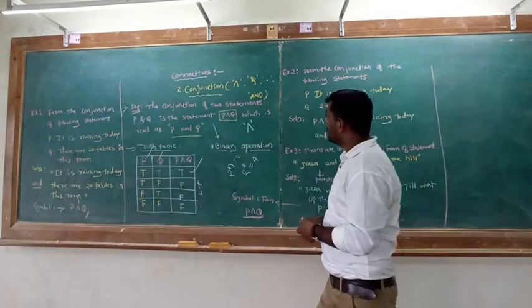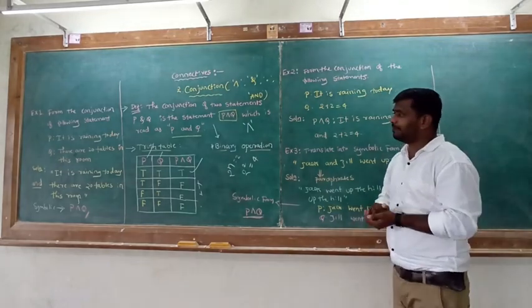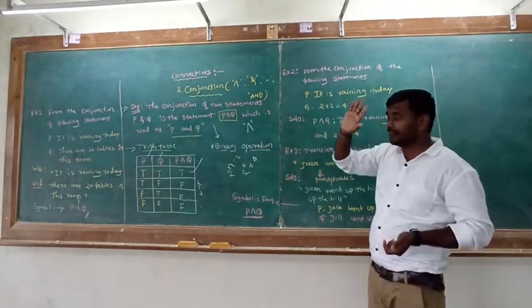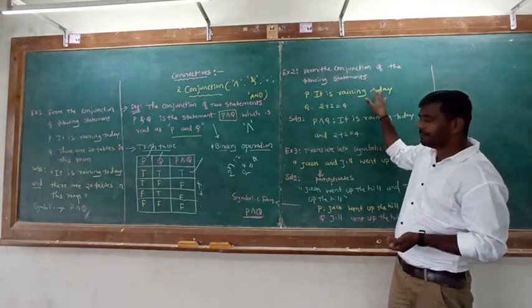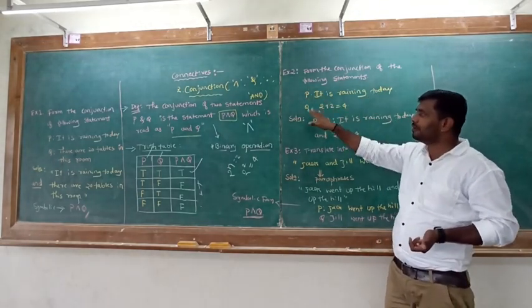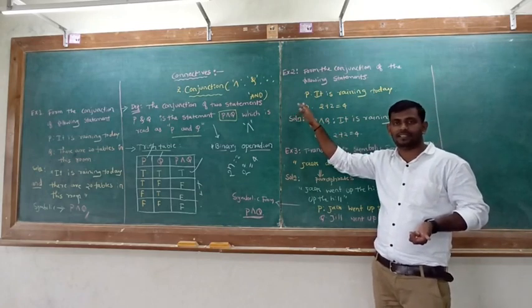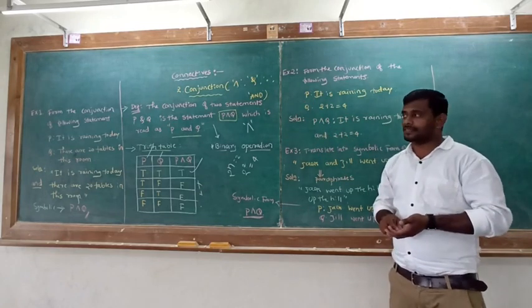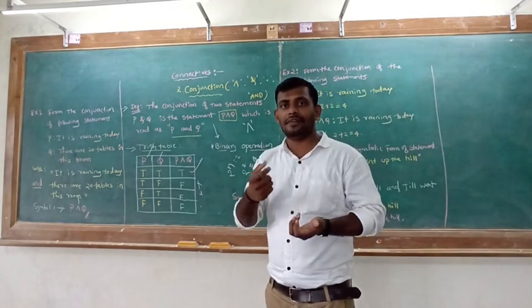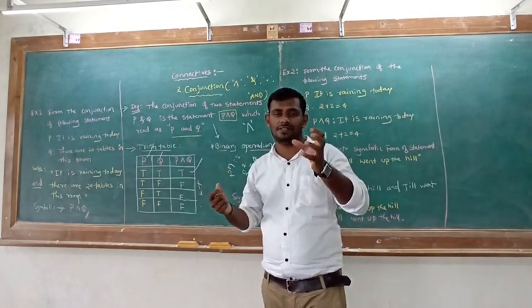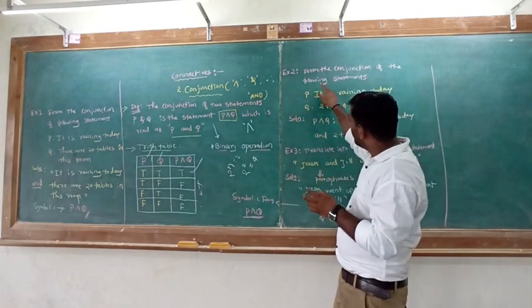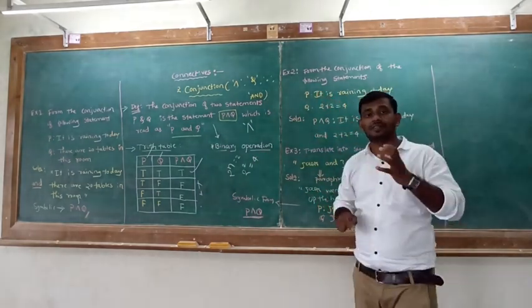See here, second example. Form the conjunction of the following statements. It is raining today is the first statement, that is P, and the second statement, 2 plus 2 equal to 4, is Q, the second primary statement. In the English language, if you use "and" or some sentence connectives, both sentences have to have some relation.